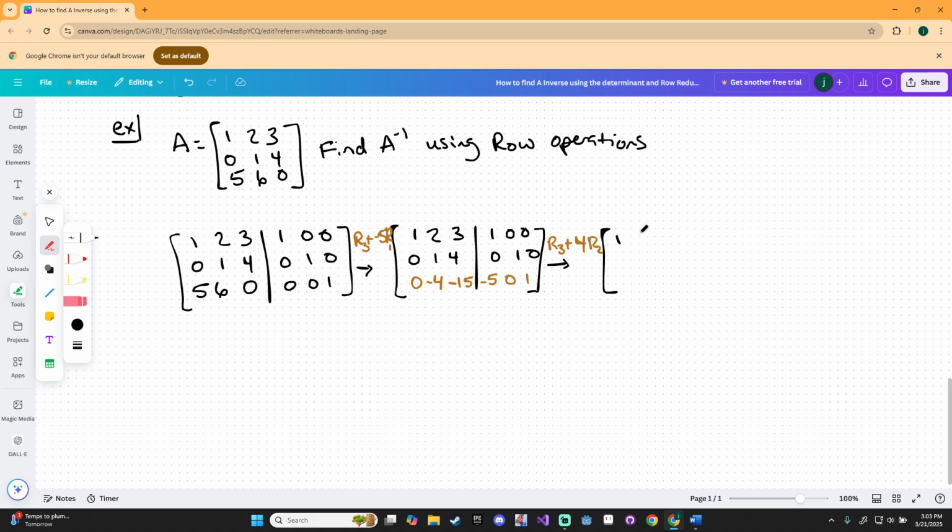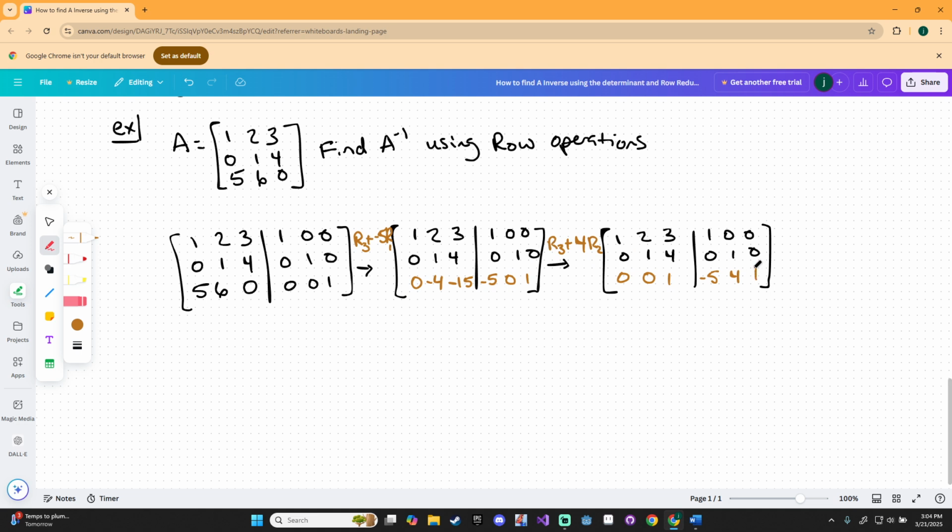We know row 1 and 2 stays the same. And we'll change R3. 0 stays the same. -4 plus 4 is 0. -15 plus 16, 4 times 4, can be 1. -5 plus 0, -5. 0 plus 1 times 4, we have 4.